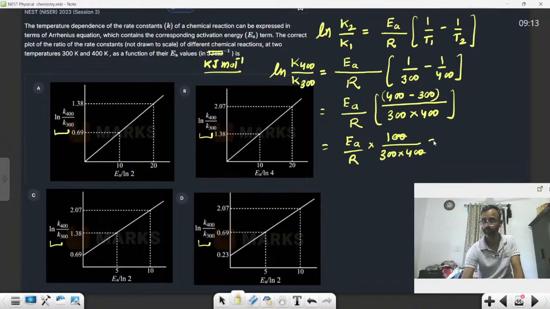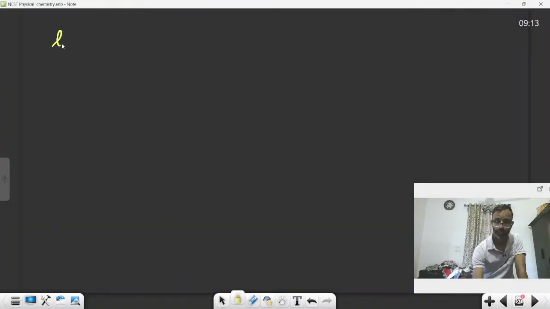It becomes EA upon 1200 into R. Now natural log of K400 to K300 equal to EA upon 1200 into R, into natural log of 2.